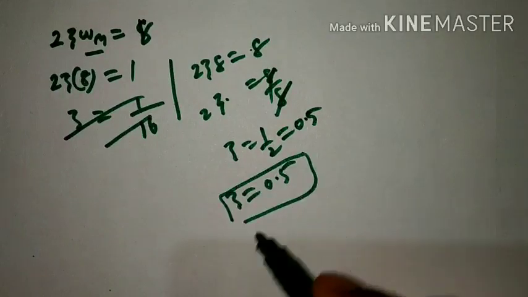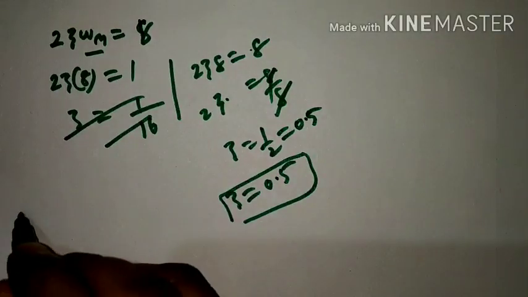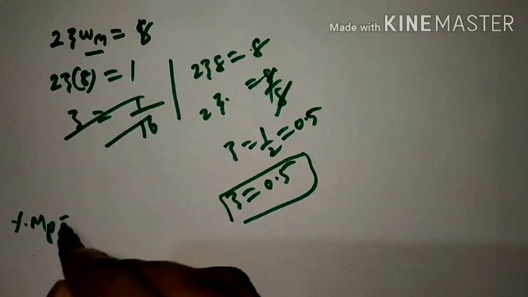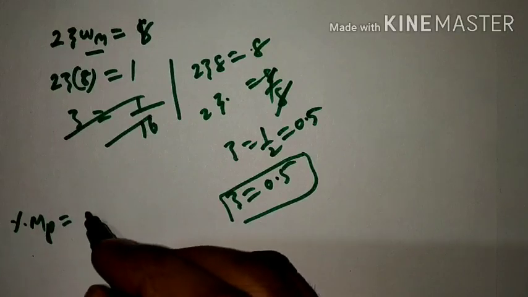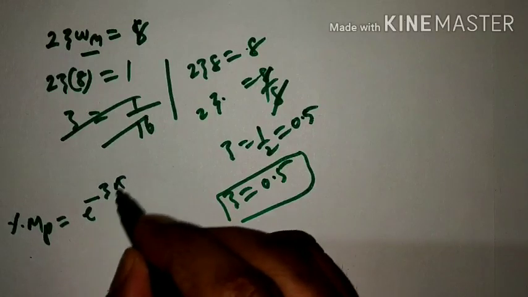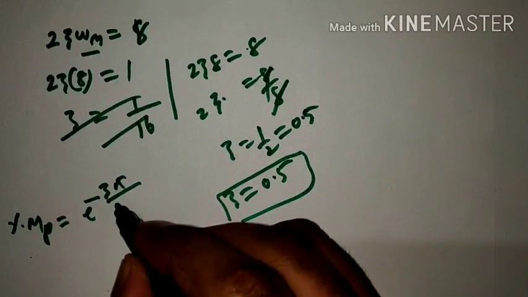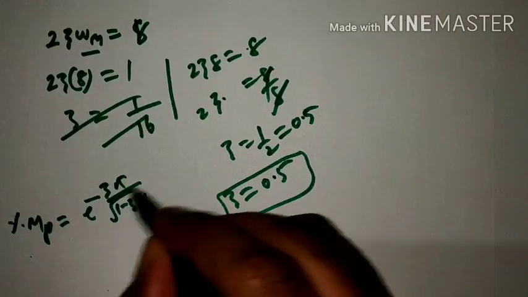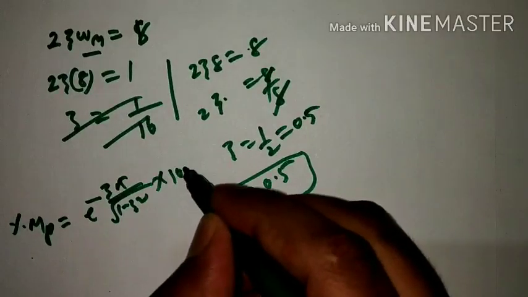So you have to find the maximum peak overshoot. The equation is maximum peak overshoot equal to e raised to minus zeta pi by root of 1 minus zeta square, into 100.